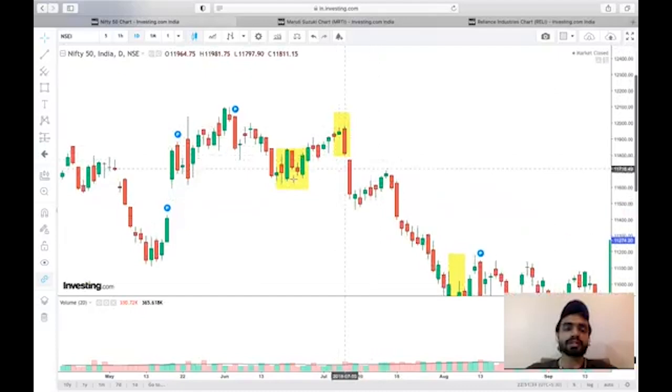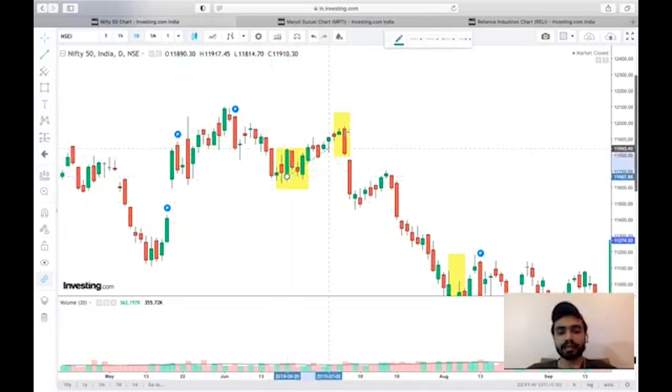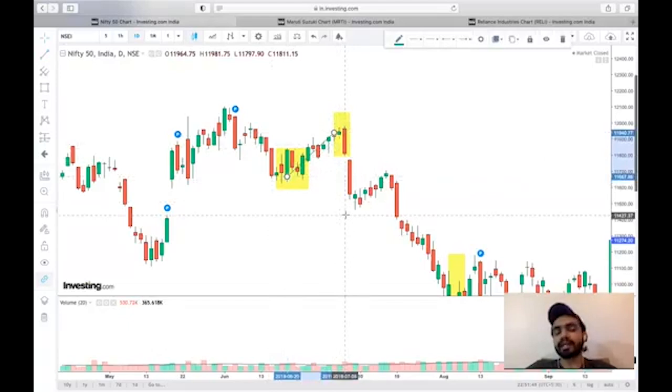Let's talk about this scenario. There is a bearish engulfing in the market, and prior to that, there is an uptrend. So your first criteria is fulfilled. Let's talk about the second criteria. It says that ideally there should be a gap down, sellers' confirmation. So that is also happening.